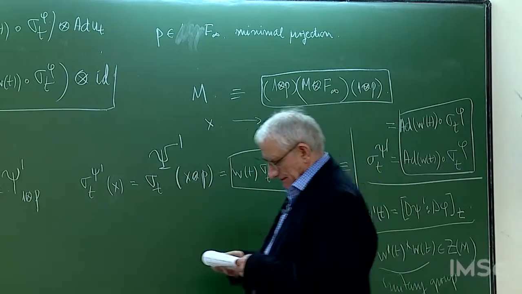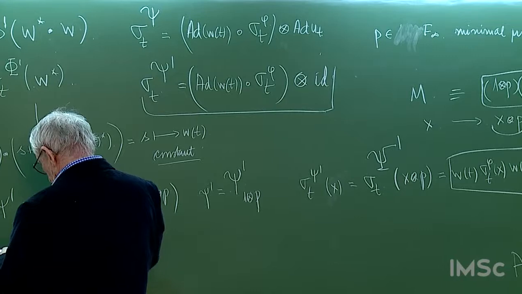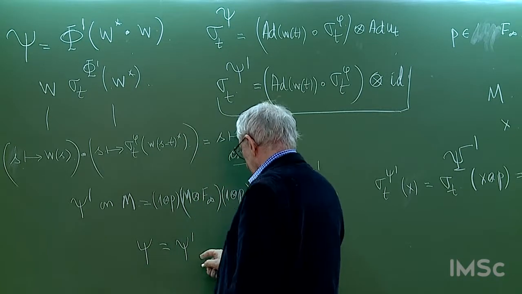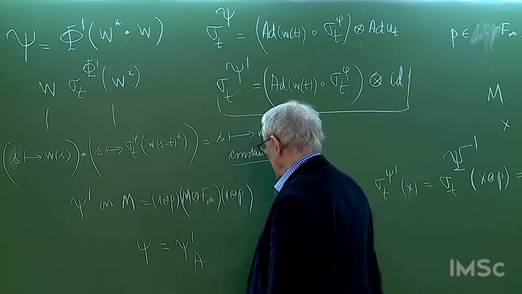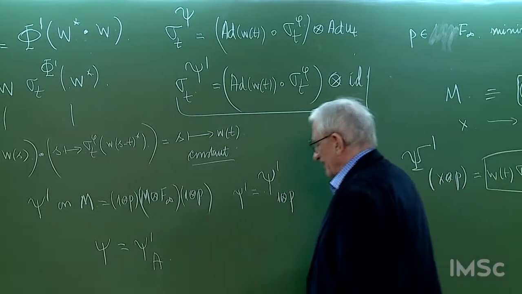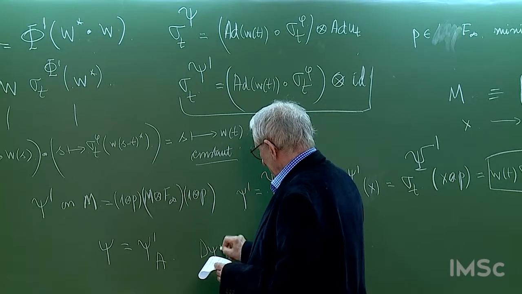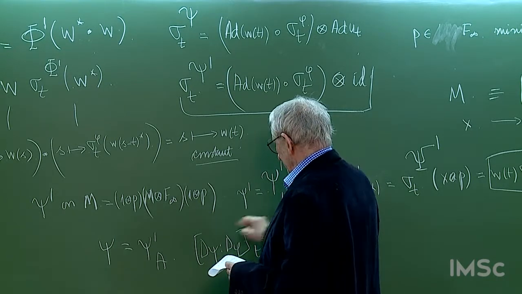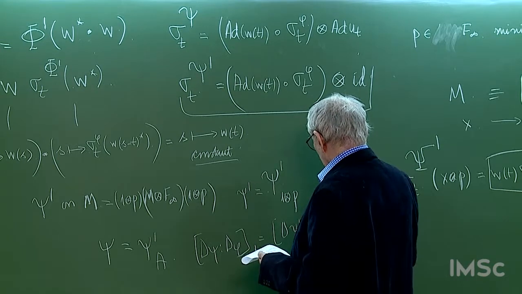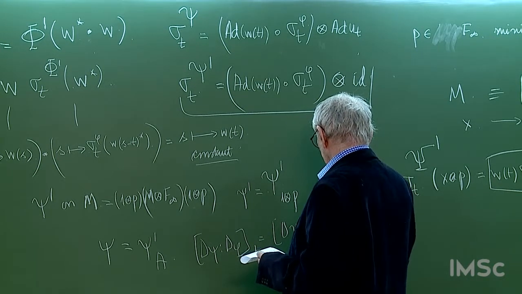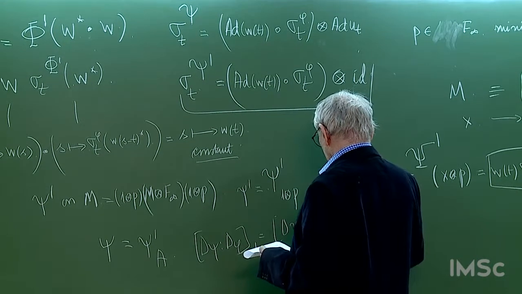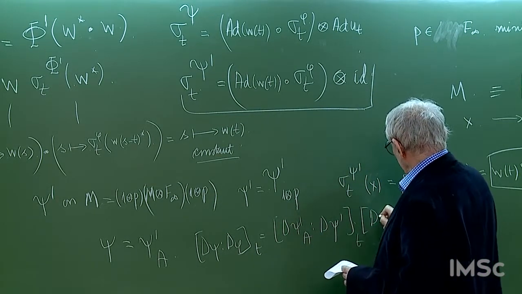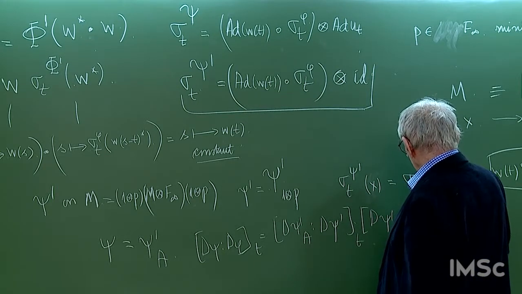So the last thing we do: psi is equal to psi prime, the small psi prime, times this A. And that's it. Because then d psi over d phi t is equal to d psi prime A times d psi prime divided by d phi t.